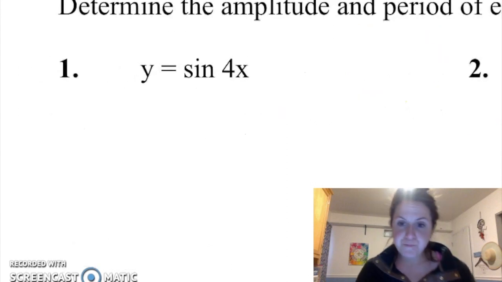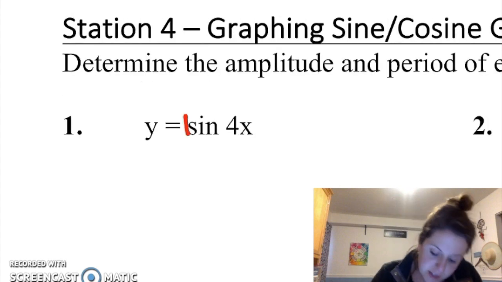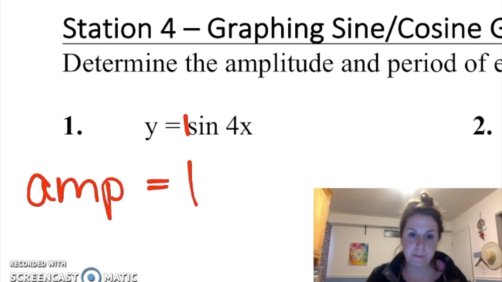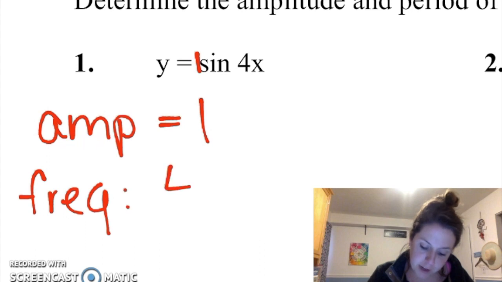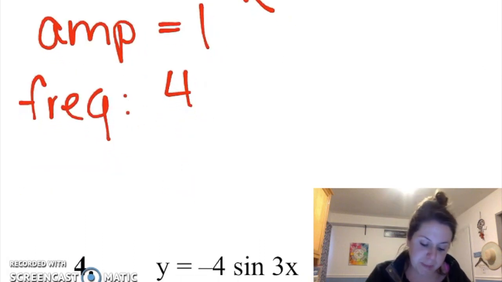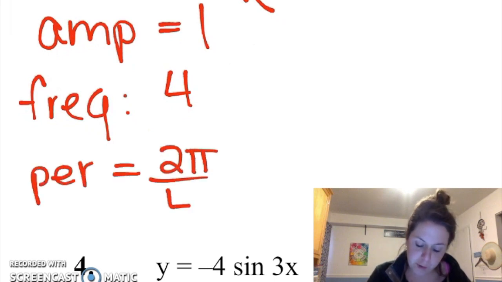On this one, I want the amplitude and I want the period. Remember that there is an unwritten 1 out here, so the amplitude of this curve would be 1. Now the frequency here is 4, which means from 0 to 2 pi we would fit 4 curves. So the period is going to be 2 pi over 4, which is pi over 2.